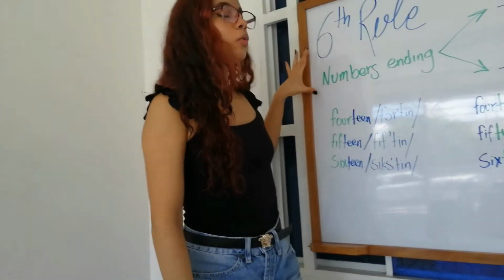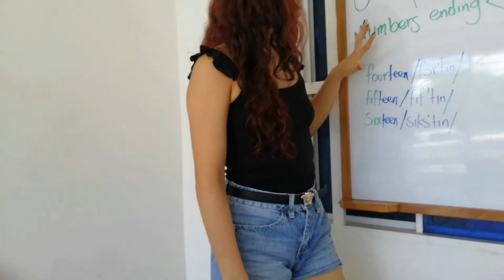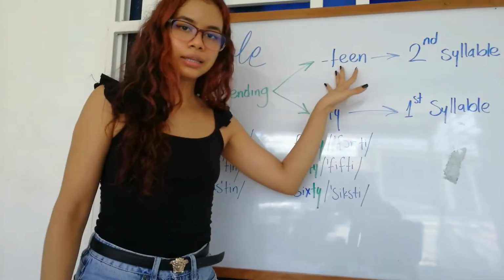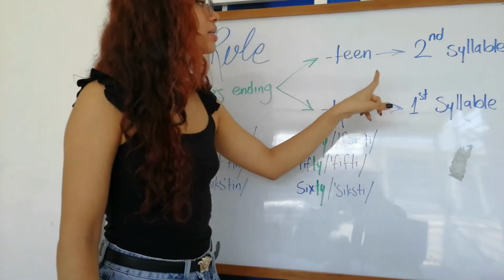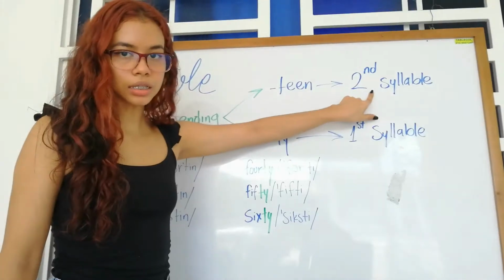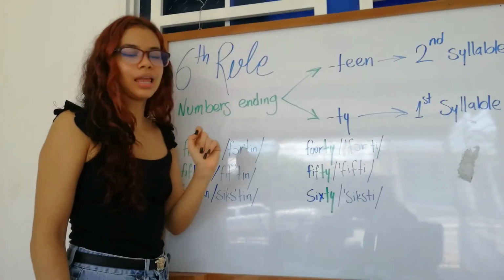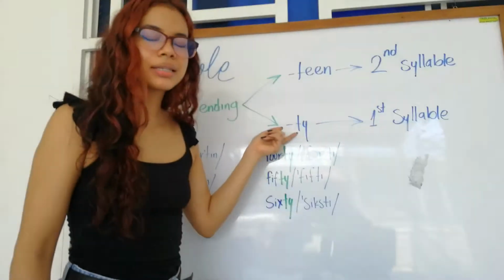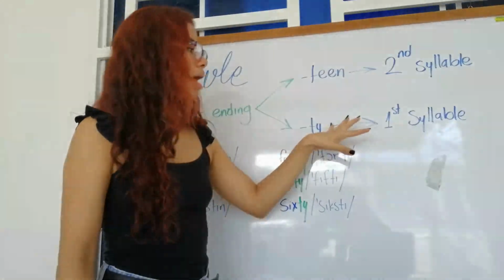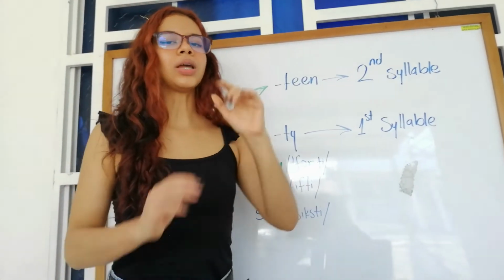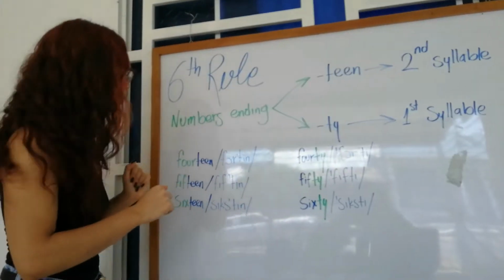The rule says that in the numbers ending in teen, the stress is going to be in the second syllable. And in the numbers whose ending is TY, the stress is going to be in the first syllable. Okay, I'm going to give you examples.